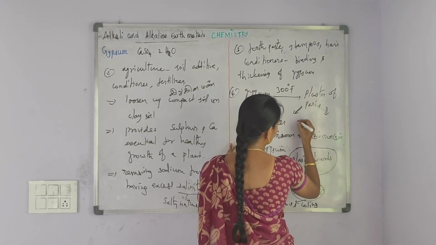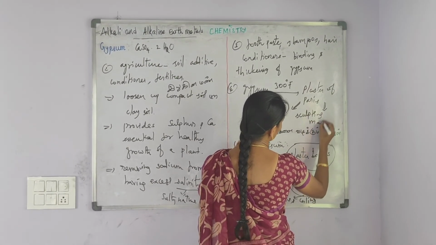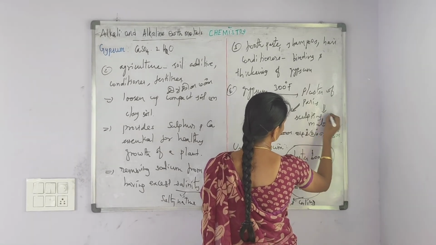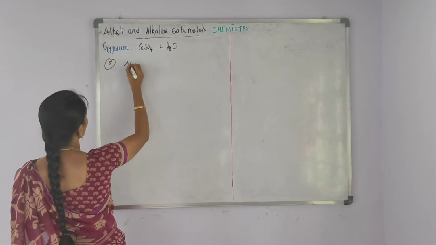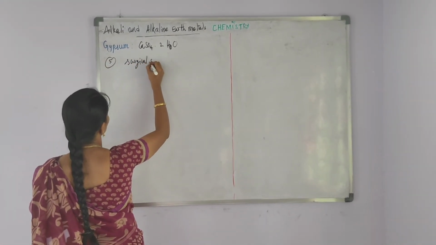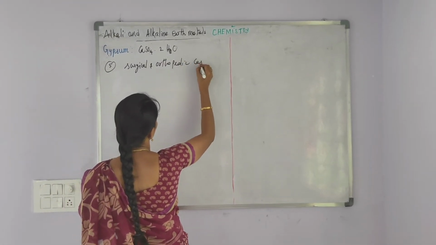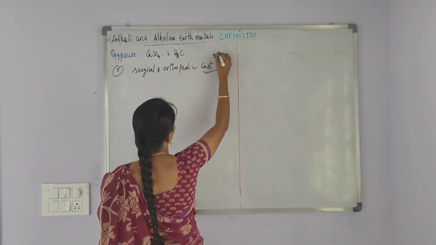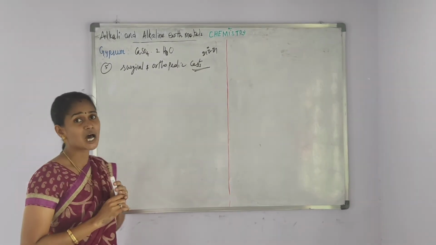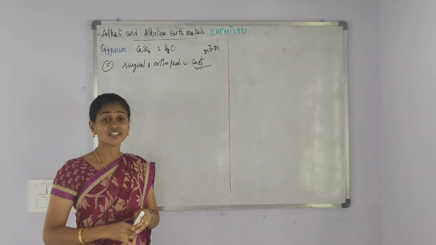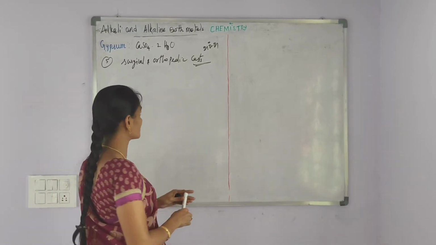Plaster of Paris is used as a sculpting material. Gypsum is used in making surgical and orthopedic casts. Here, surgical and orthopedic means used in the treatment of injuries that affect the bones and muscles.